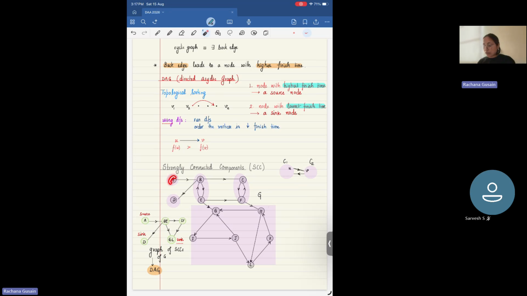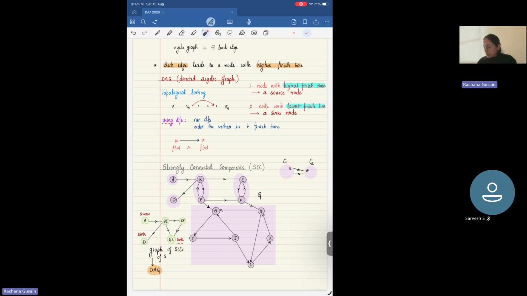So if I take vertex A and I want to add one more vertex to it, let's say B, then AB will not be strongly connected. So in that way, A is a strongly connected component. That is how we identify the strongly connected components in the graph.